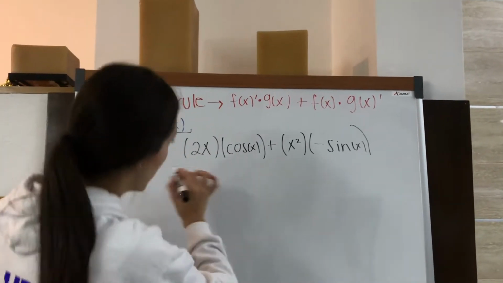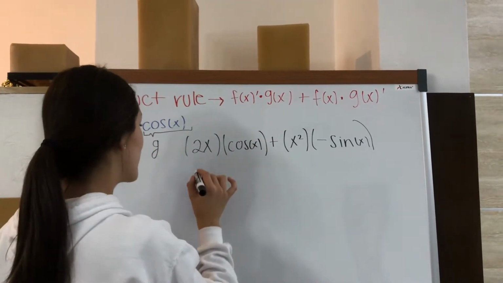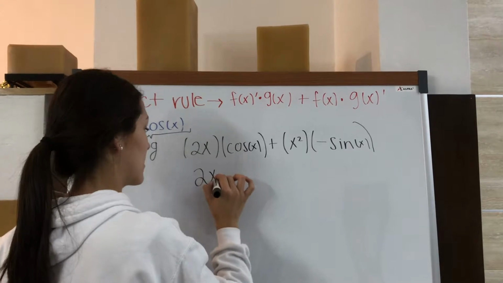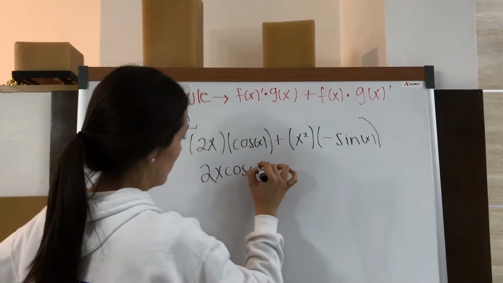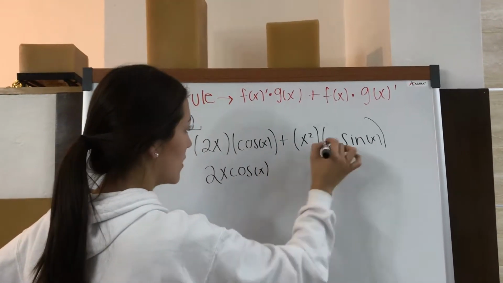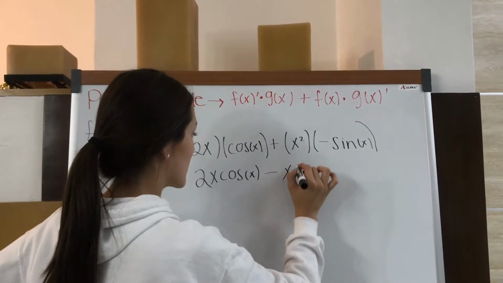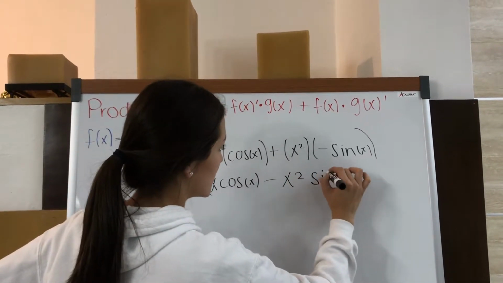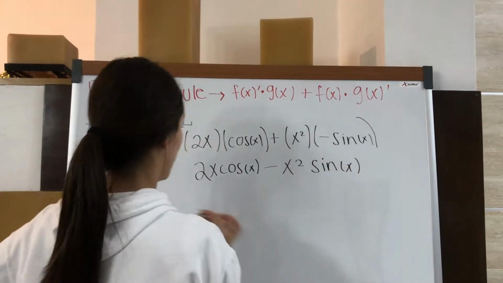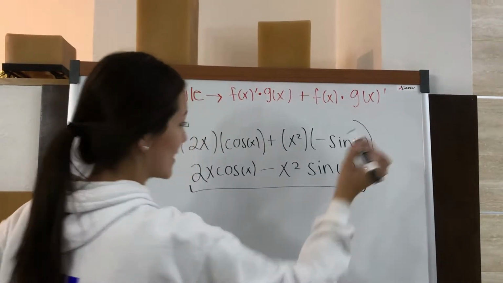You do the multiplication, minus x squared sin x. And this is your answer.